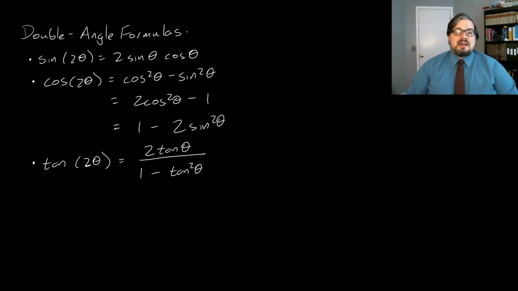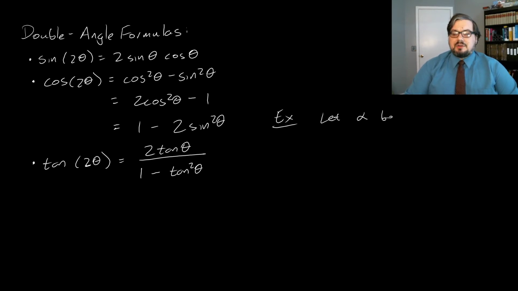Now, it turns out that of all of our familiar angles, the 30 degrees, 45 degrees, 60 degrees, we already know what the sine, cosine, and tangent are of their doubles, because those other angles that we see are also familiar ones, multiples of 30, 60, and 90. However, when we've got an angle that's described in some other way, we can use the double angle formulas to figure something out about them.